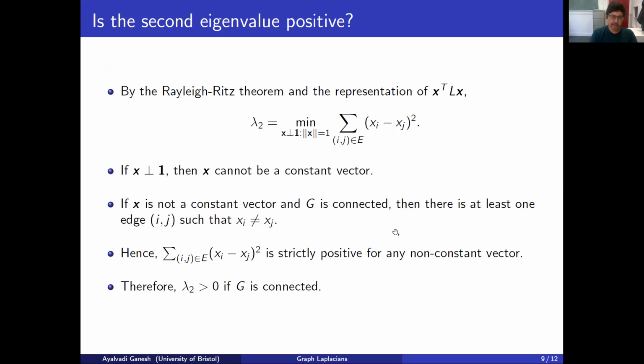What happens if the graph is disconnected? Is lambda 2 still positive, or can lambda 2 be 0? And in fact, how many times is the eigenvalue of 0 repeated on an arbitrary graph?